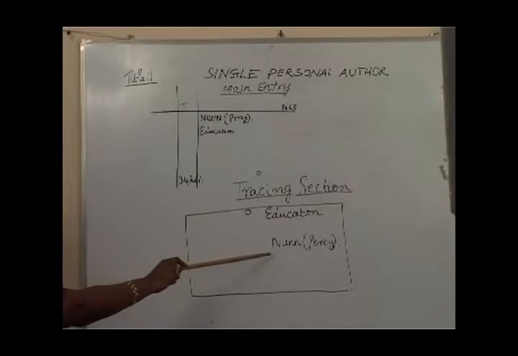And then comes the second one, which we call the title index entry. A title index cannot be prepared for all types of titles. It can be prepared if it is a fanciful title or a proper noun title. What do you mean by fanciful title? It does not reveal the subject. That means from the title, it's not possible to know the subject directly.